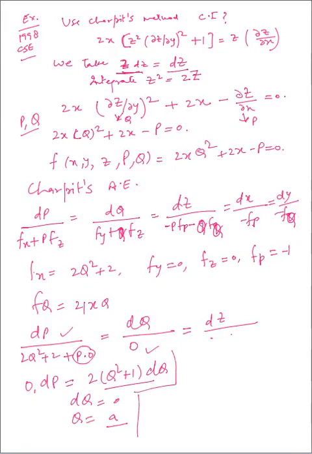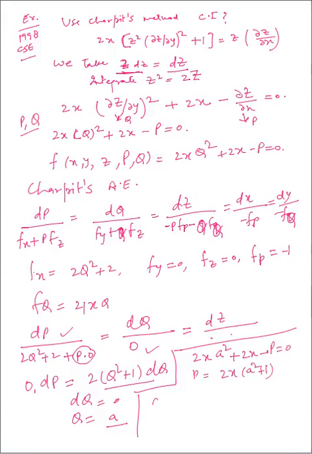Q is equal to 8, means P, we have to find out P. We put in the question, and this is 2x a square plus 2x minus P is equal to 0. So P is equal to 2x a square plus 1.